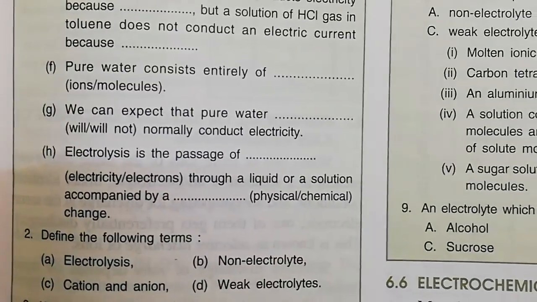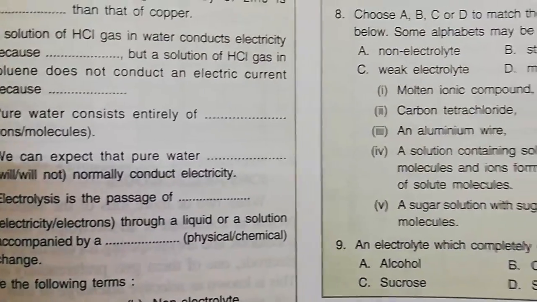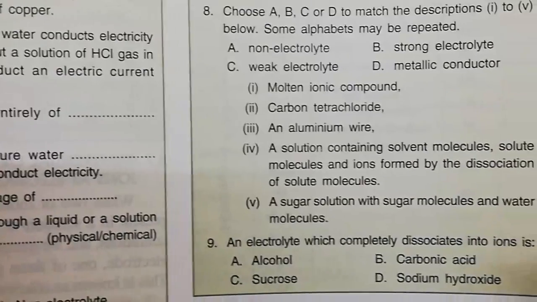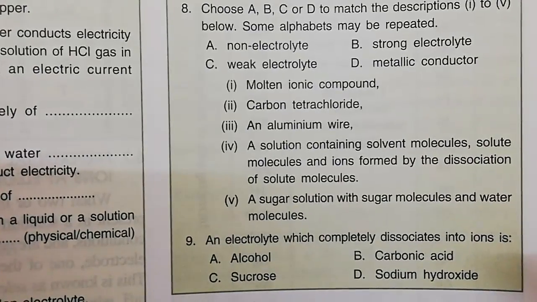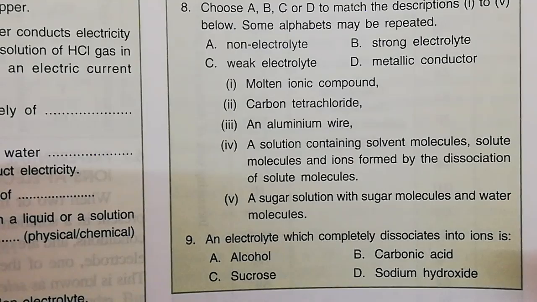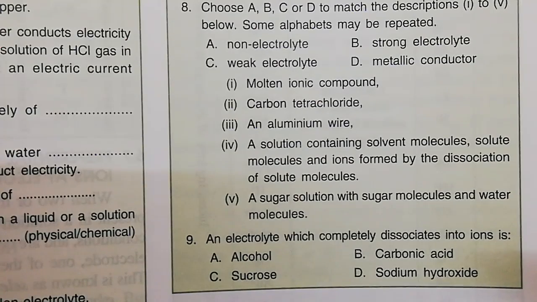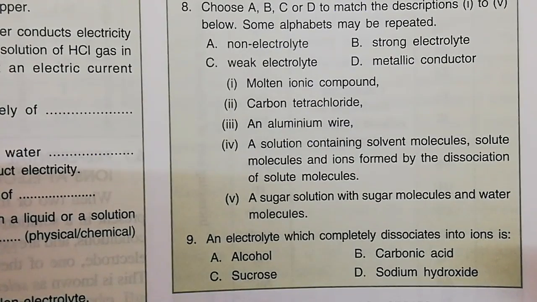Now we have to do the in-text questions. After doing these pages, we started our discussion from page 101, electrolysis. We have discussed up to page number 106, and at page number 107 some in-text questions are there.